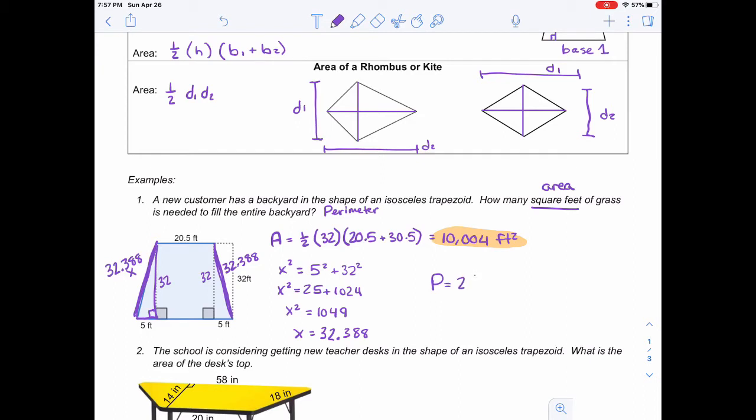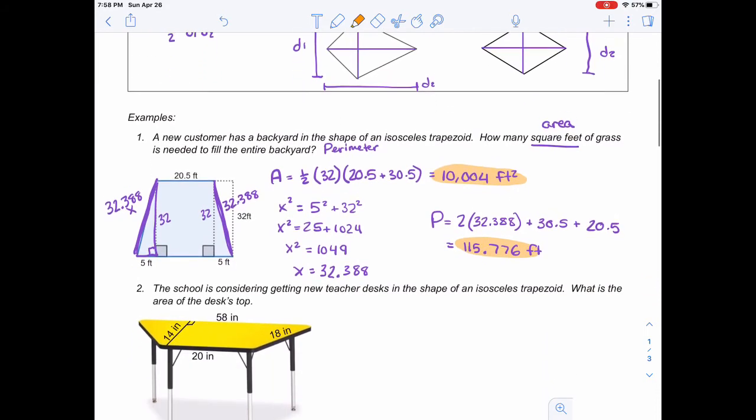So I'm going to do 2 times that 32.388 plus my entire base on the very bottom, which was that 30.5, and then plus my top line there, which was 20.5. And again, if we enter that in our calculators, we should get 115.776. And then again, make sure you have your units, so feet in this case.